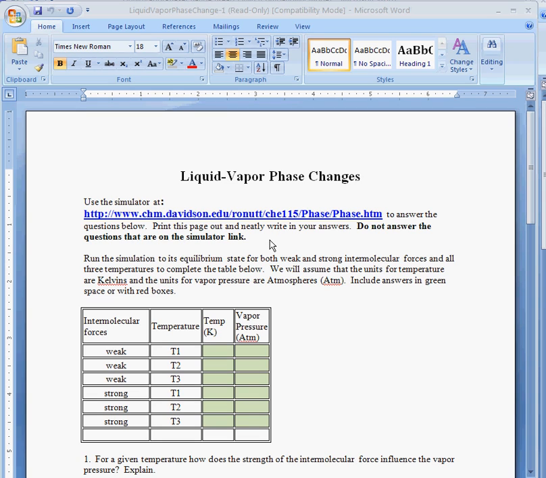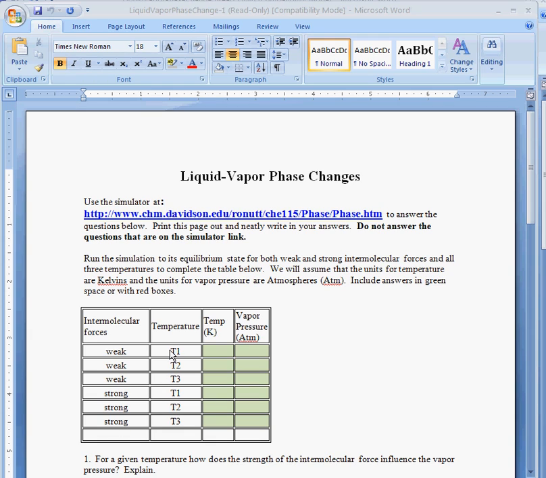Here we're going to look at the assignment, the evaporation activity assignment, where we'll use this animation environment to answer these questions. These questions look at two different liquids. One liquid has weak intermolecular forces, the forces that bind the liquid molecules to themselves, and the other liquid has strong intermolecular forces.